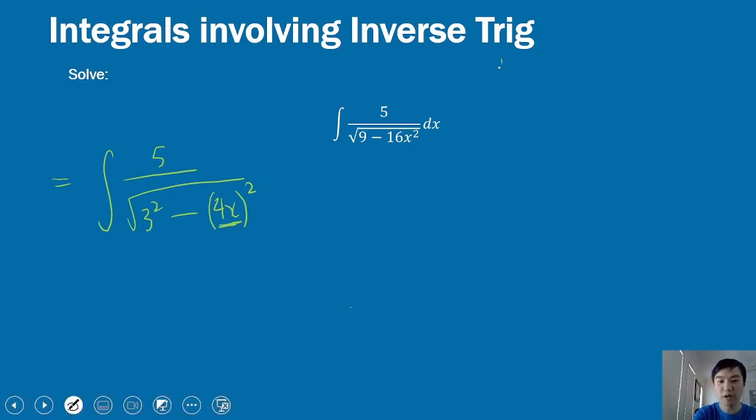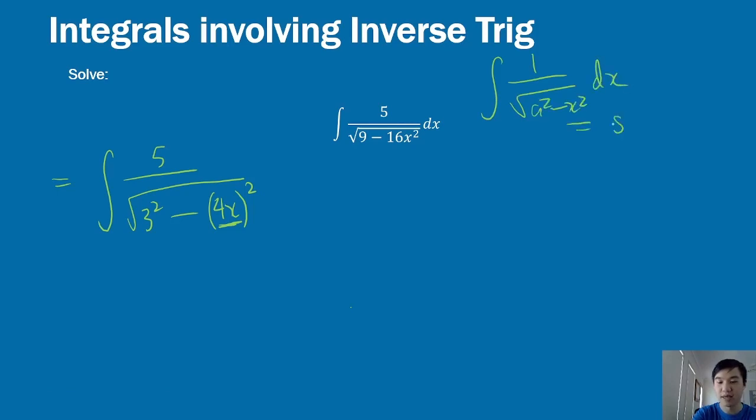Remember our form that we know how to integrate is 1 over root a squared minus x squared. We know that when we integrate this, it will become inverse sine x over a plus c. But here we have a function inside instead of x. The derivative of 4x is going to be 4. So I want to make sure I have a 4 multiplied already.